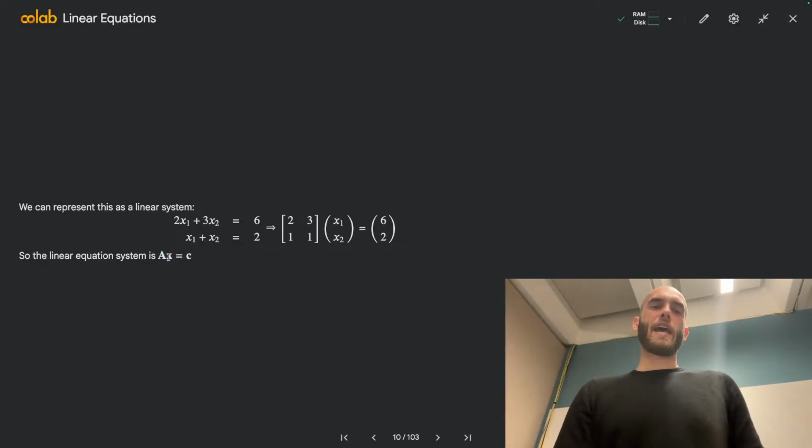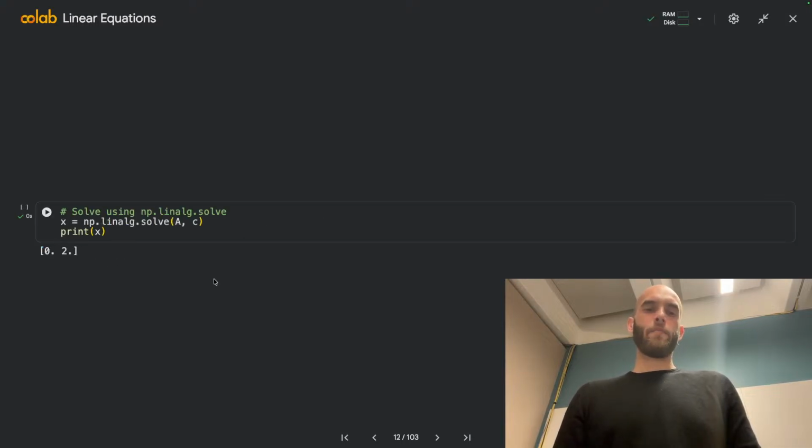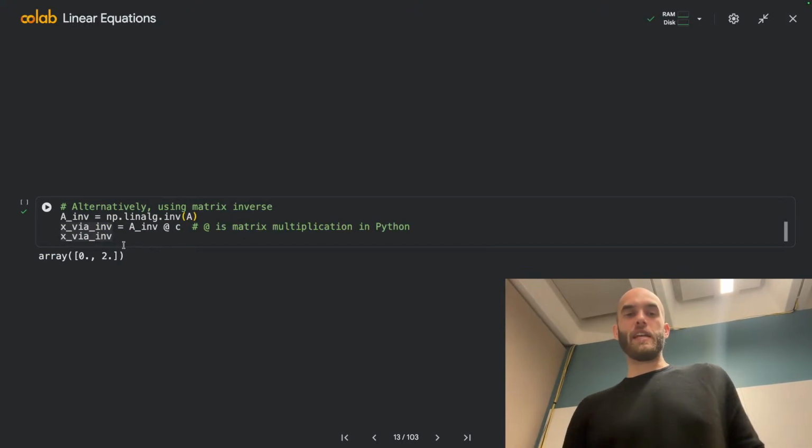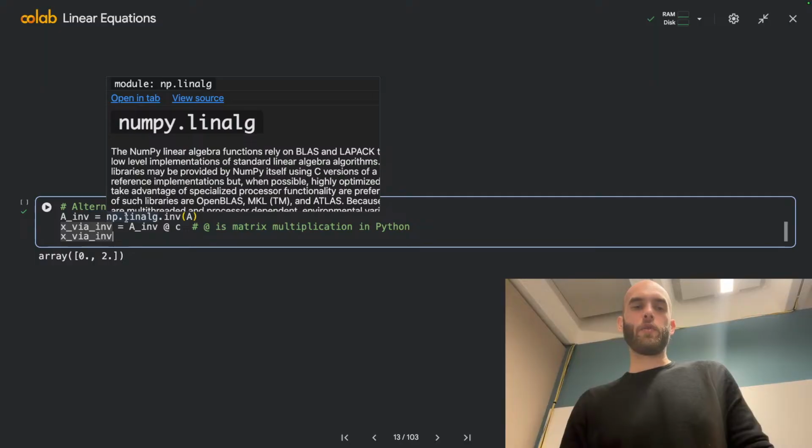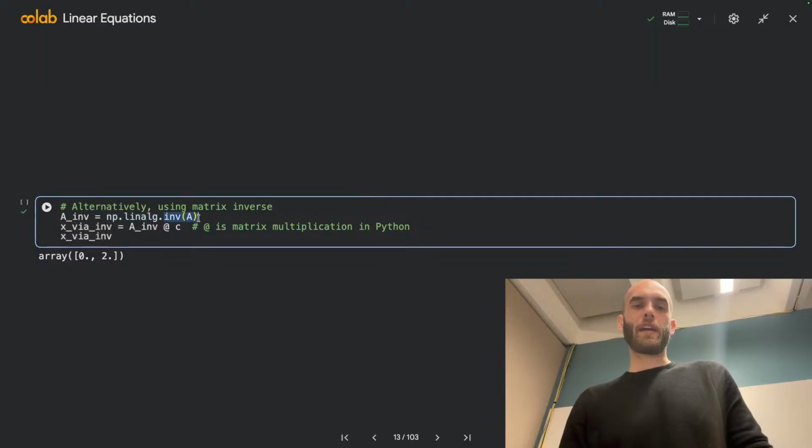But we would have X is equal to A inverse times C. So one way of solving this is to use the numpy linear algebra package to invert A, and then we pre-multiply A inverse by C.